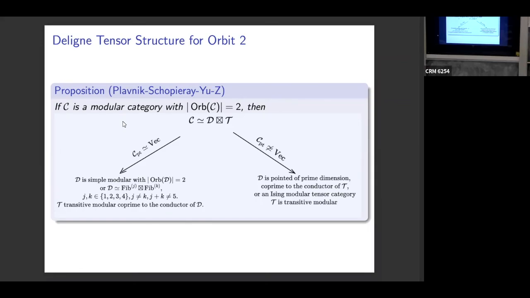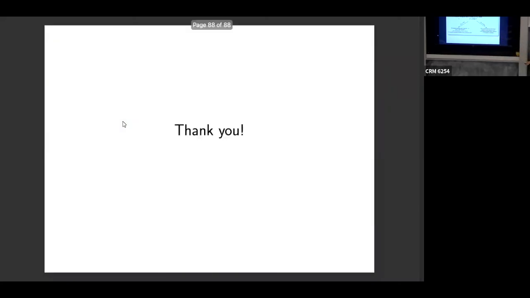Okay. So as you can see, this problem of classifying orbit 2 is now reduced to the classification of simple modular categories with orbit 2 under this result. Okay, so I guess that's all I want to talk about today, and thank you for your attention.